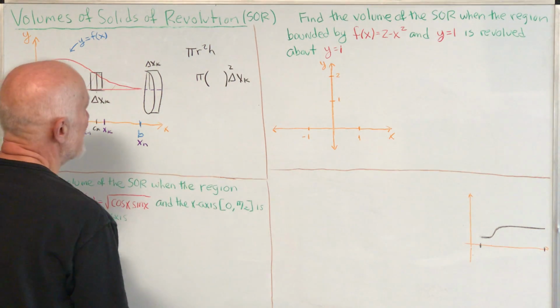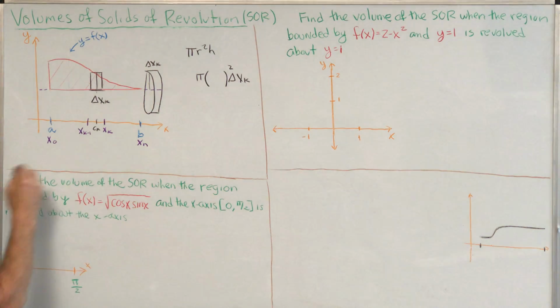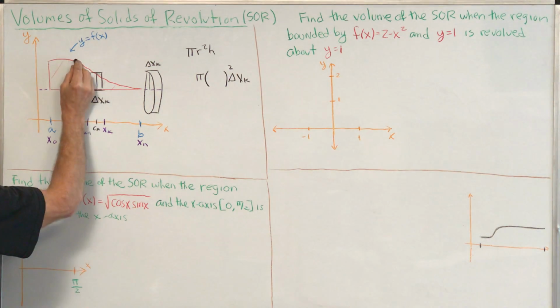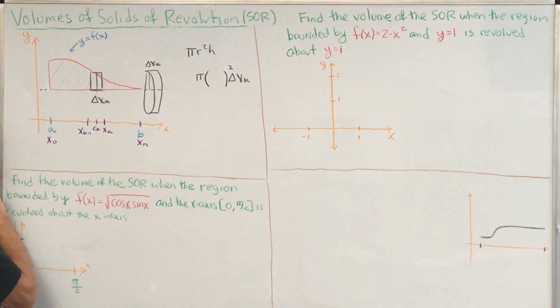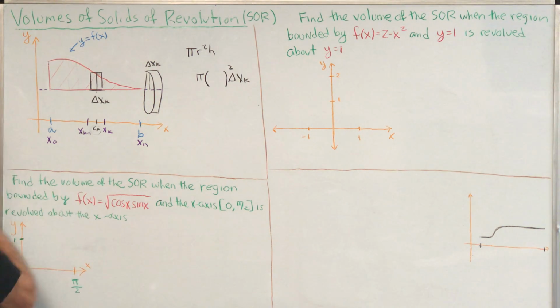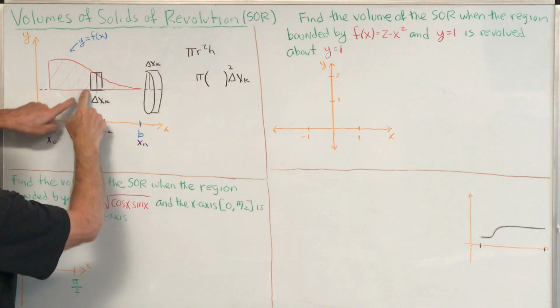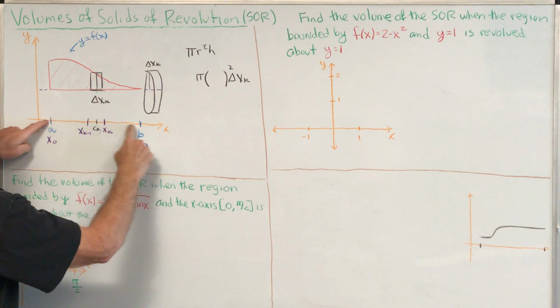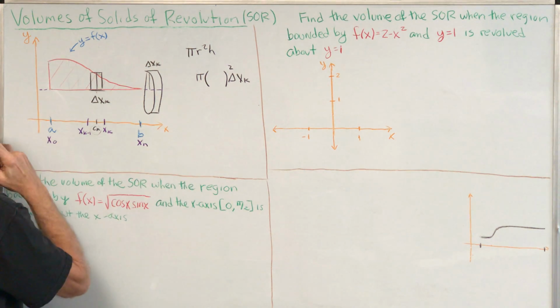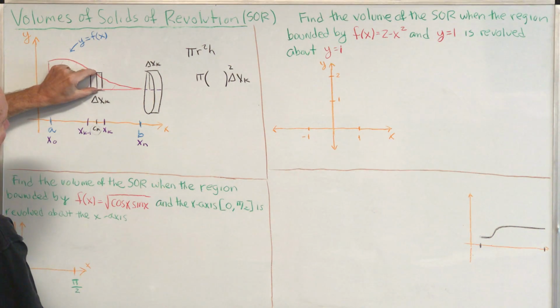And then I need the radius. Well, the radius is this height right here. And it's going to depend on where you are along the x-axis. It's a function of the x value, and in this case it's c sub k. It's not f of c sub k unless this axis was the x-axis, because f of c sub k would be this distance and we only want this.